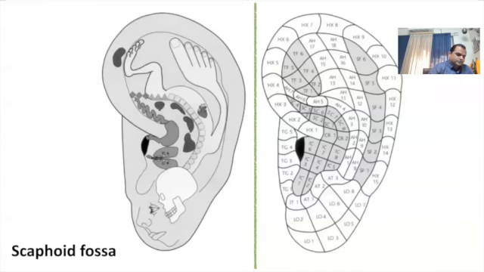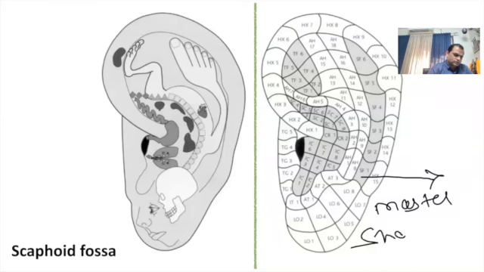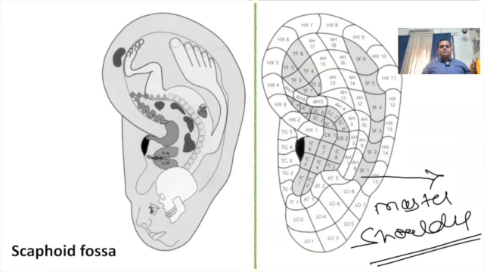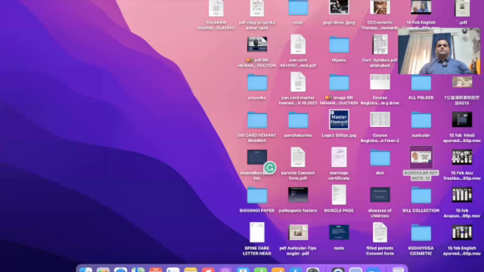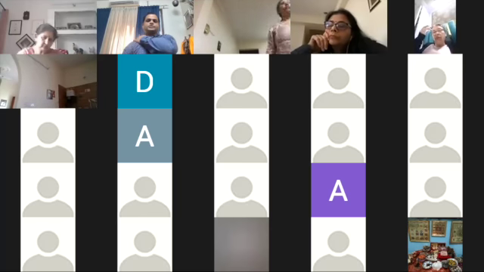So we have seen, this is the master shoulder. So the meaning of master shoulder means this is the part. And at this level only we are having this collarbone.